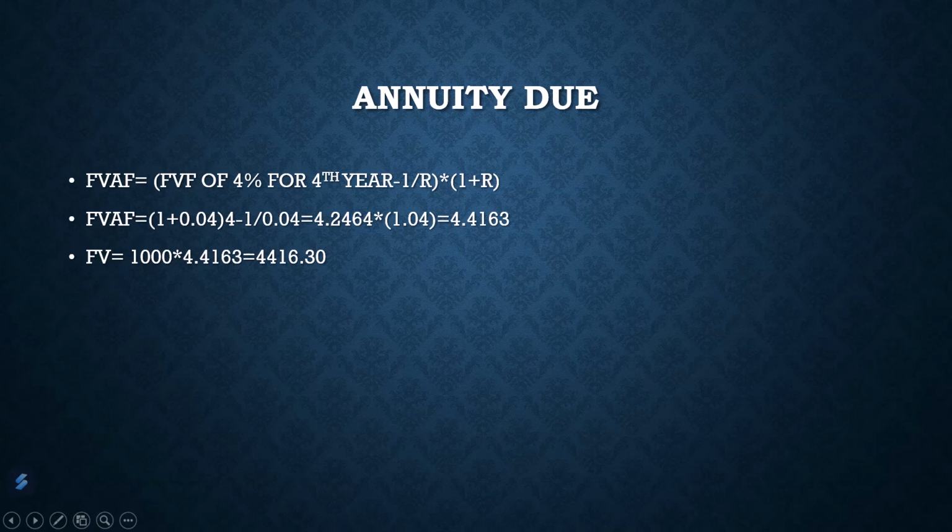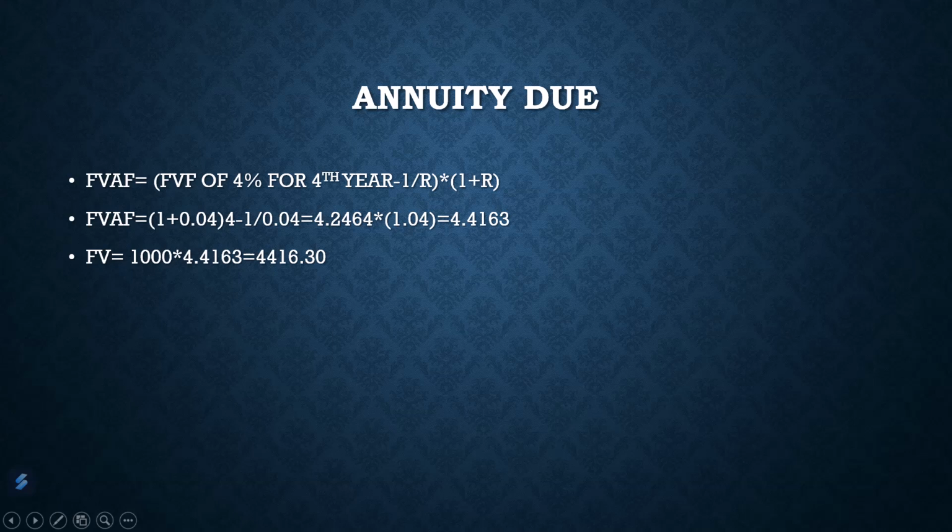Now, this future value annuity factor should be multiplied by 1 plus R because you have one more extra year to invest in annuity due. So 1.04 should be multiplied with your 4.2464. So your final answer, or your future value annuity factor of annuity due, will be 4.4163.